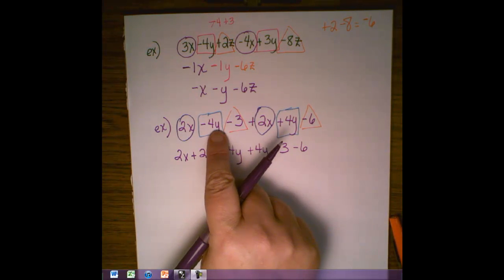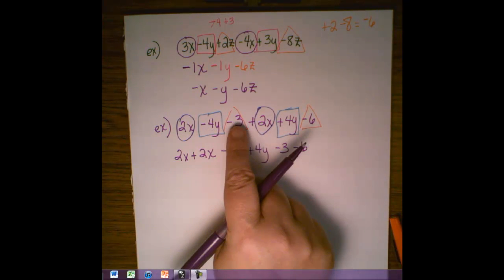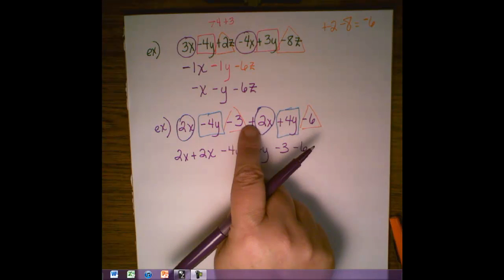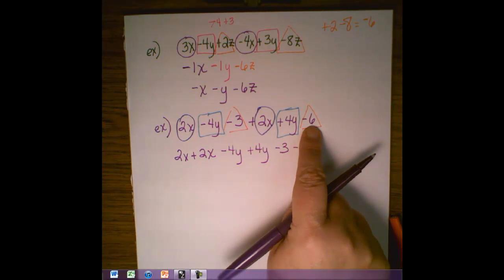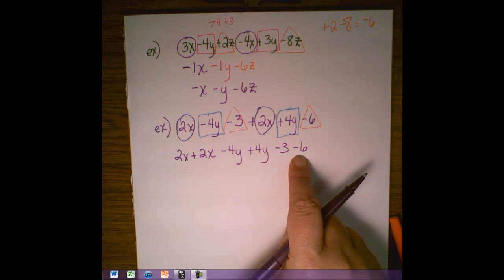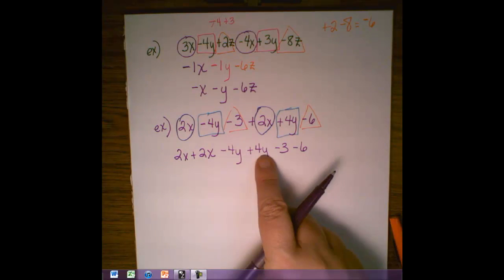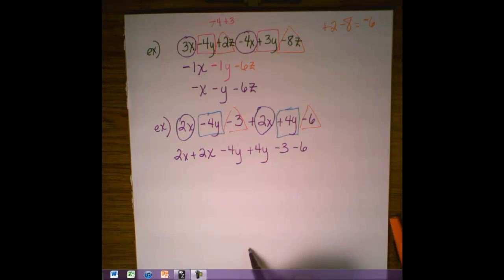In other words, the 4y is not a 4y, it's a -4y. The 3 is not a 3 plus, it's a -3. And the 6 is not a positive, it is a -6. So it keeps that negative sign. And so notice all I've done here is just rewrite them where they're together. So some students like to do it this way.